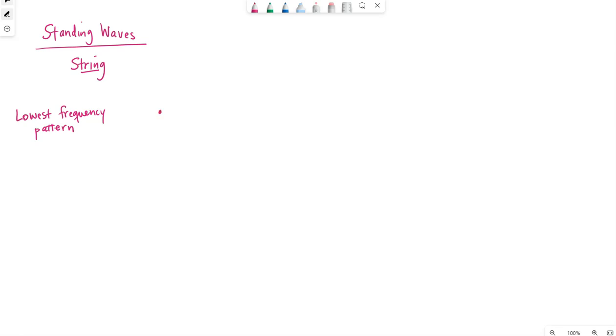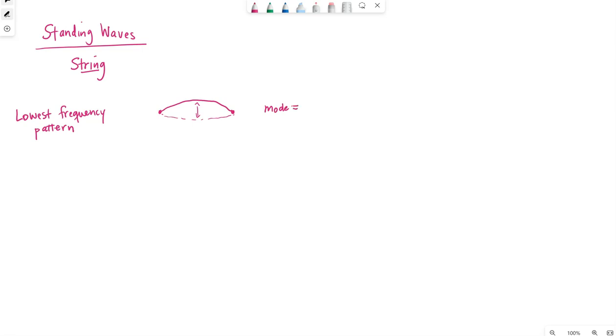So the string is anchored or held at both ends as the wave and its own reflection interfere with each other. We end up seeing this oscillate up and down with that one big loop in the middle. And as he mentioned in the video, this is mode 1.